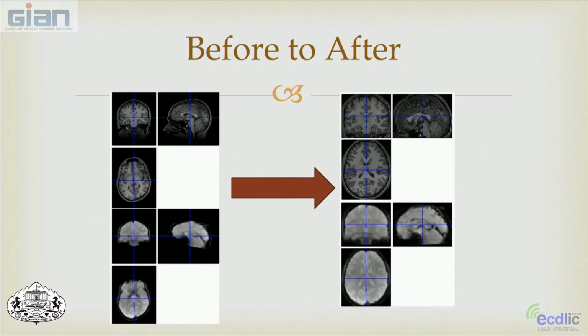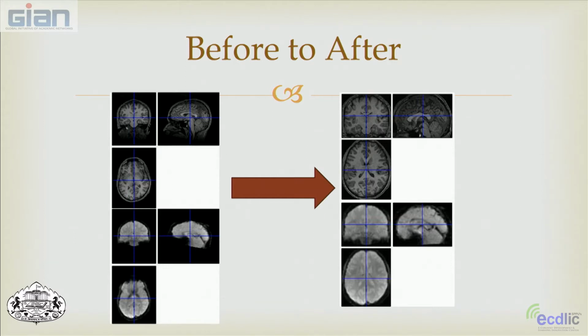This shows the before and after of the normalization step. On the left here is our single subject's brain, and on the right is after we have put it into MNI space. You can see a couple things have changed here. It's not exactly the same slice anymore, and it looks like our person's brain has been blown up a little bit to match the MNI brain.